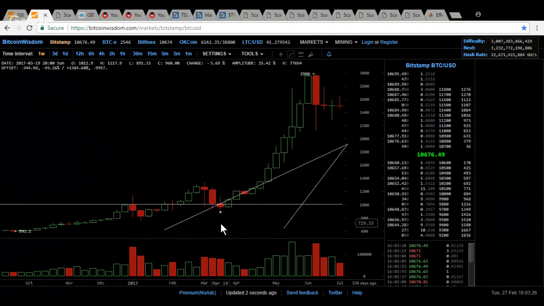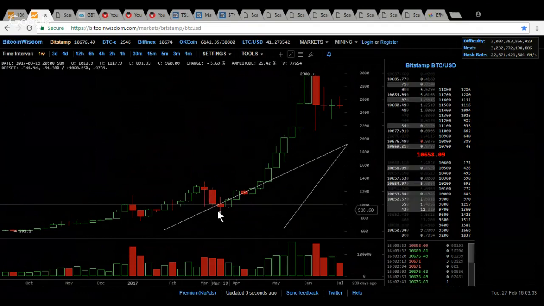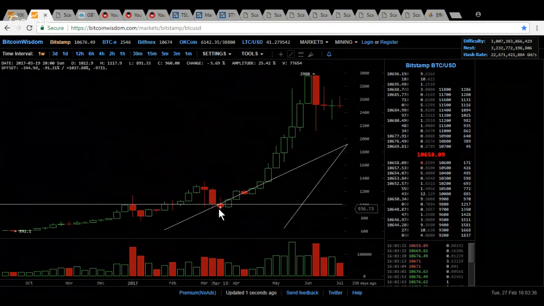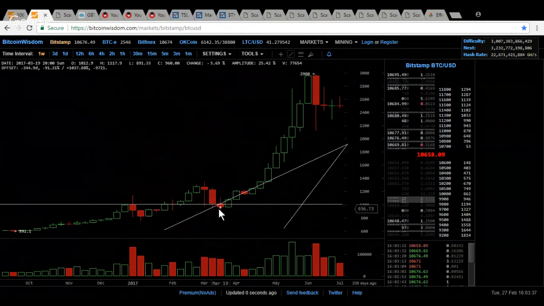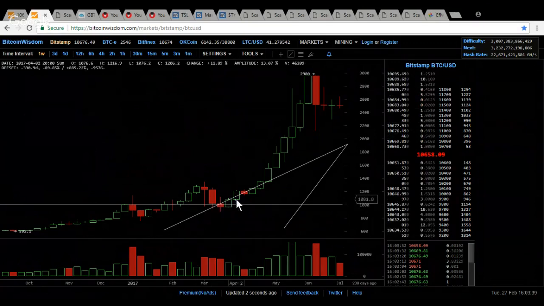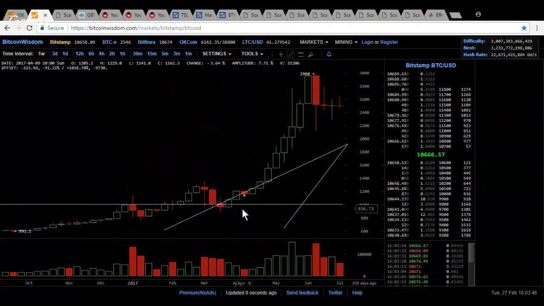And this is the perfect example. After breaking up and coming back down and forming a low, and then beginning to move back up off your old phase line, you can suspect that you are in for a phase change. And that's exactly what happened.